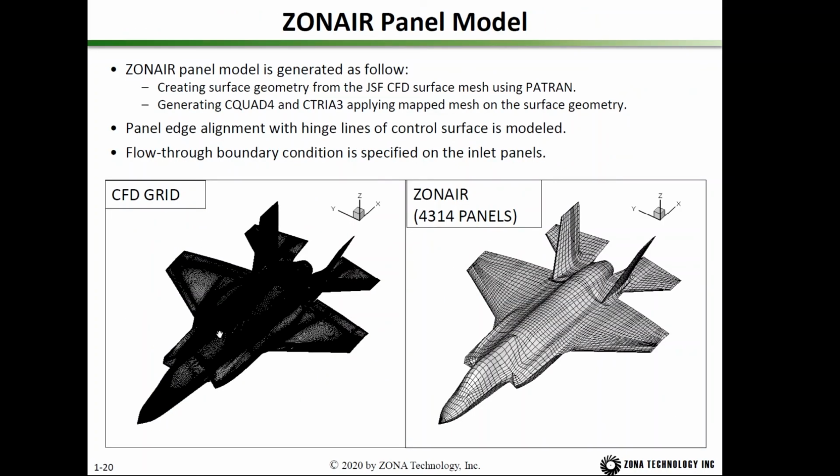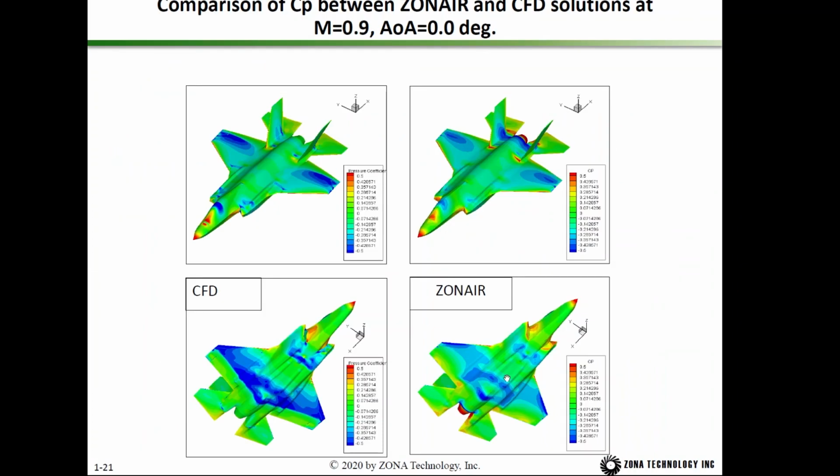So for a given CFD surface mesh, we can generate a ZONAIR panel model, and then we impose the specified flow-through condition on the inlet panels, and this is a comparison between the rigid loads computed by CFD and computed by ZONAIR at Mach 0.9 and angle of attack 0 degrees.